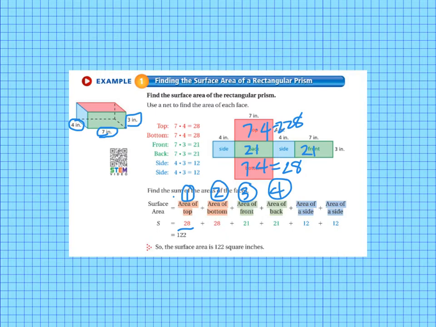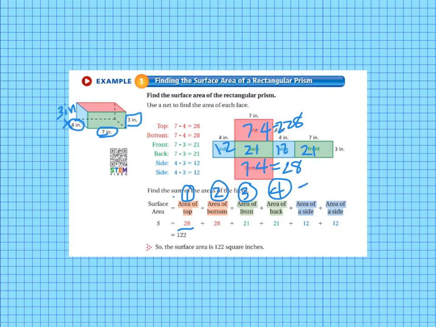And then all that's left is the sides. The sides are 3 inches by 4 inches. So 3 times 4 is 12, or 4 times 3, which is the way the book put it, which is fine. And so that's 12 square inches.